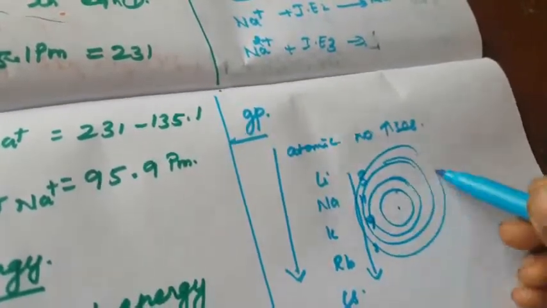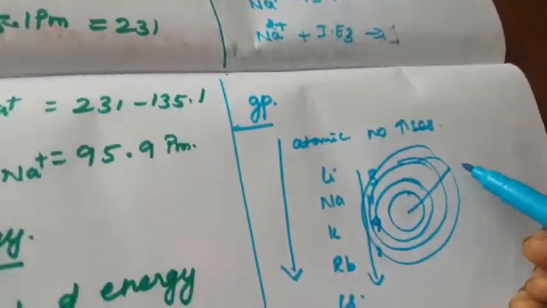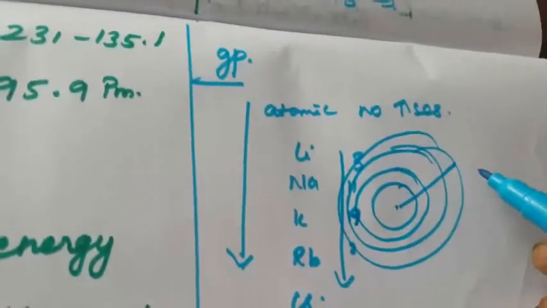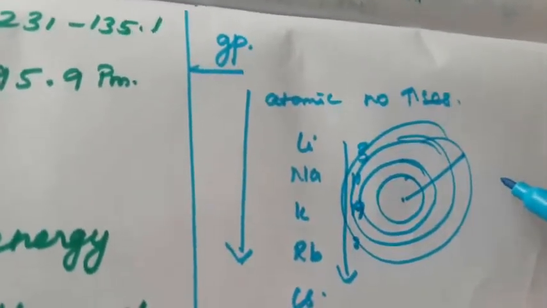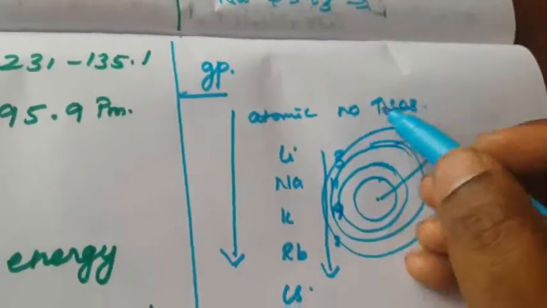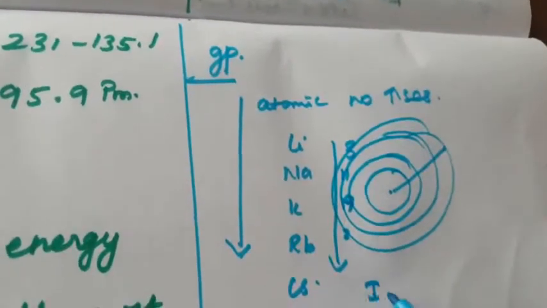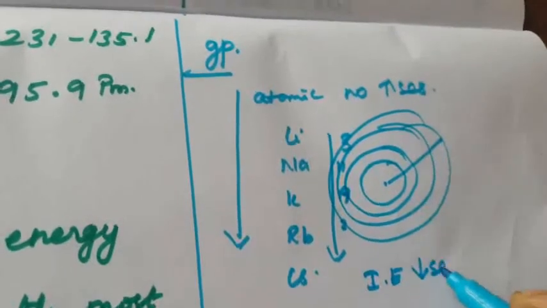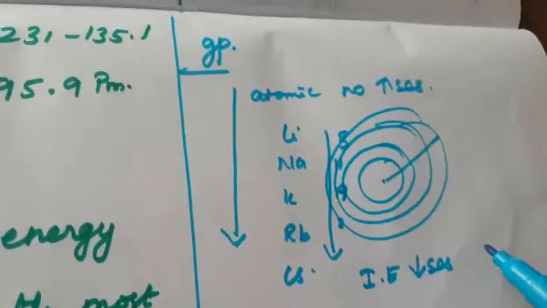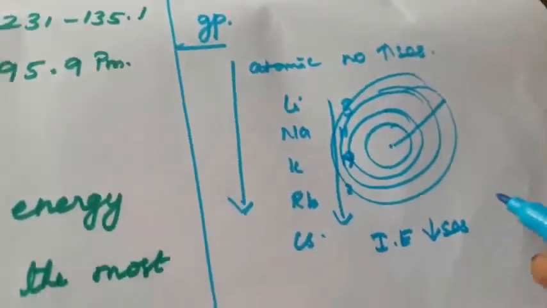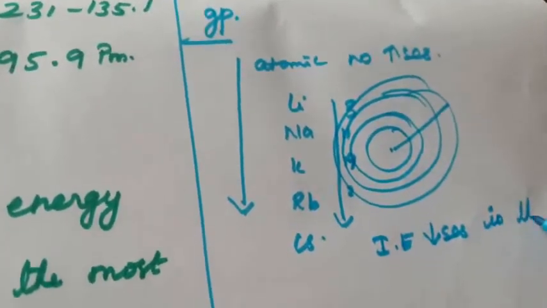The attraction between the nucleus and the outermost electron is less, so we need a minimum amount of energy to remove the electron. So as atomic number increases, ionization energy decreases from top to bottom. That is, ionization energy decreases in the group.